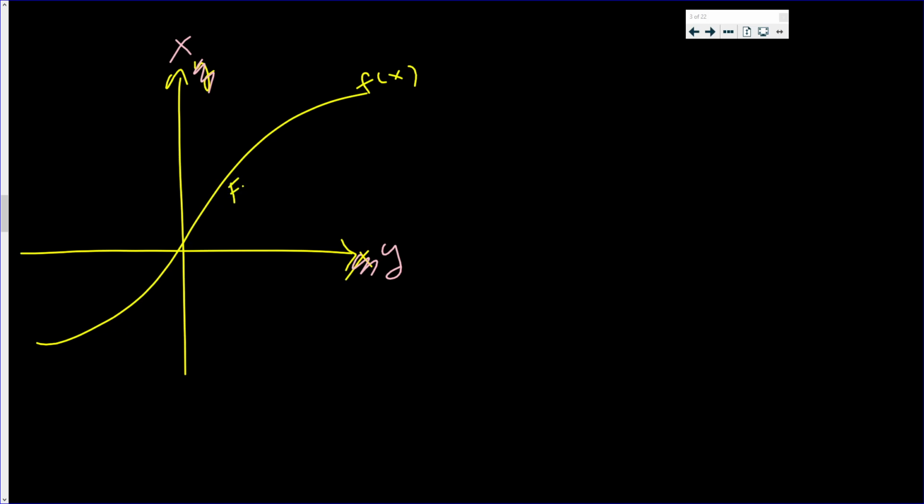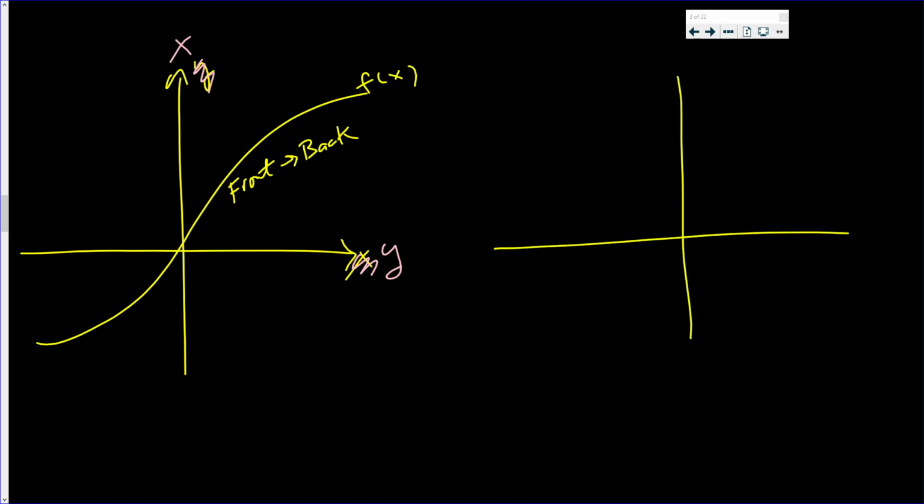If you go from front to back, what would happen is the y-axis would be there and the x-axis is still here. And now you rotate your page 90 degrees. So we're not touching the graph at all.